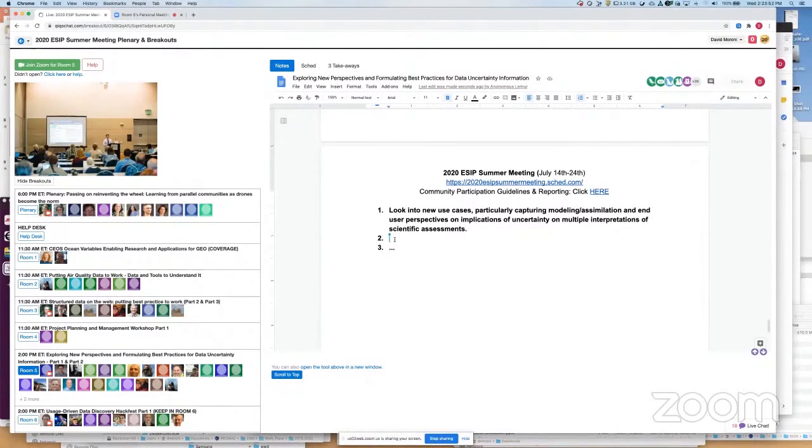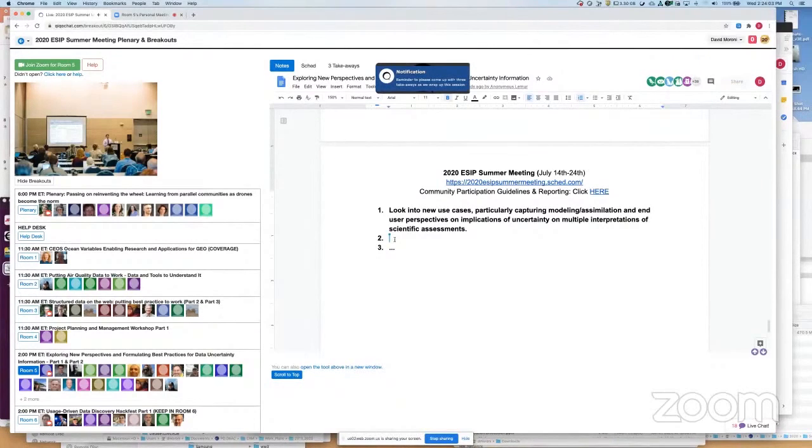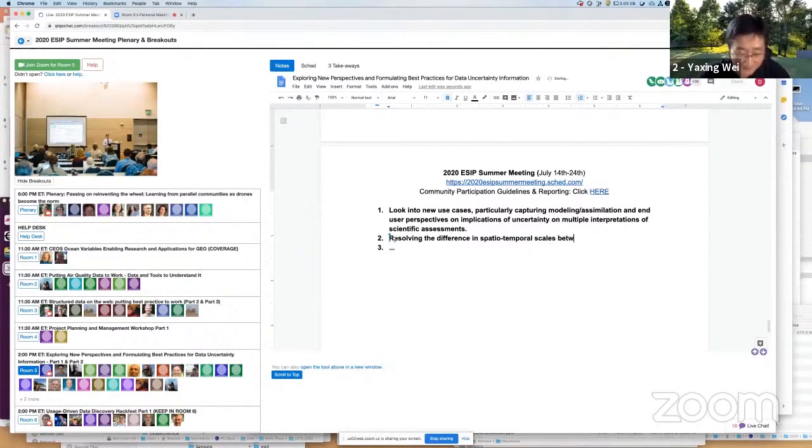There are a number of overlapping items. One, I'm not sure whether that will be key. Patrick and Chinling, please correct me or chime in: is the scale difference between in situ and satellite, or is it more like in situ and spatial data? Thanks for bringing that up, and I agree with you.